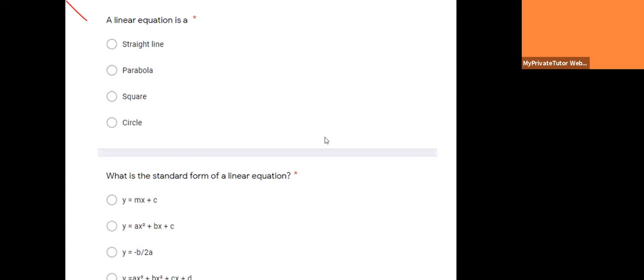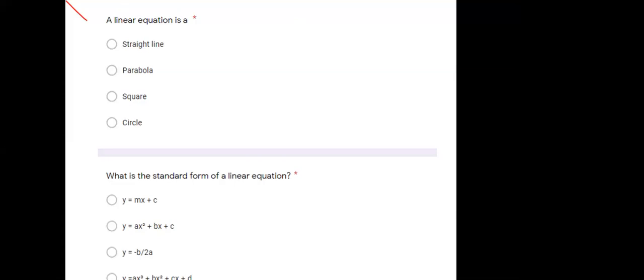A linear equation is what? Joseph? Straight line. Straight line, good. What is the standard form linear equation? I mean, what is the slope-intercept form?